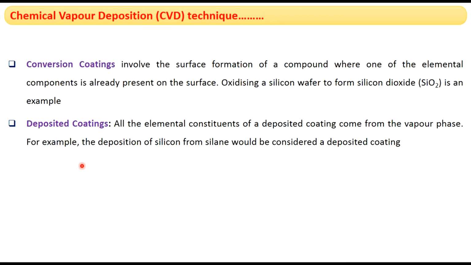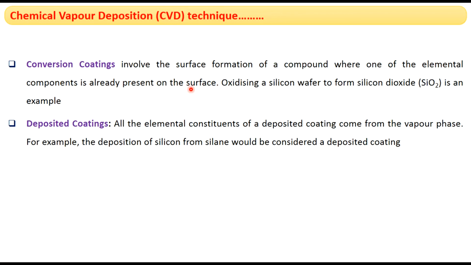Chemical vapor deposition technique is of two types: conversion coating technique and deposition coating technique. Conversion coating technique is the method in which one of the elemental components is already present on the surface of the substrate.